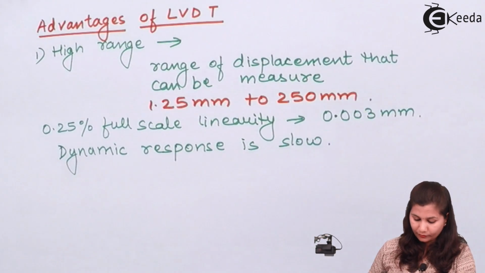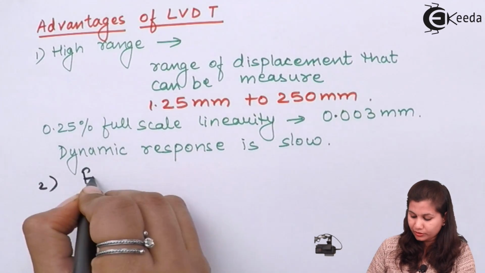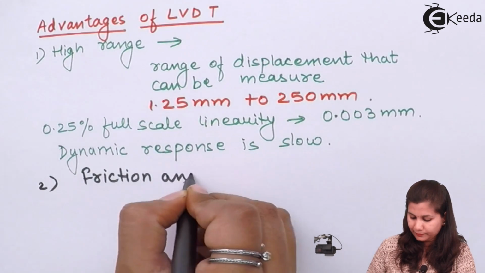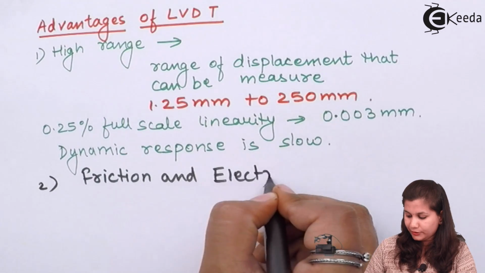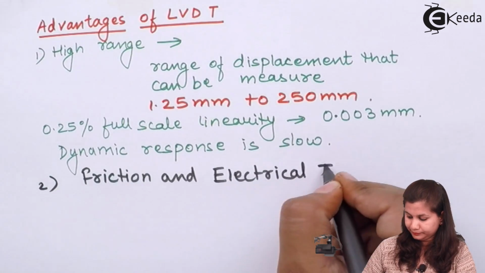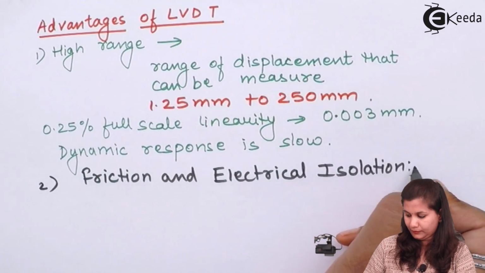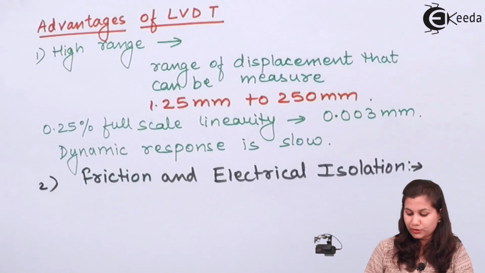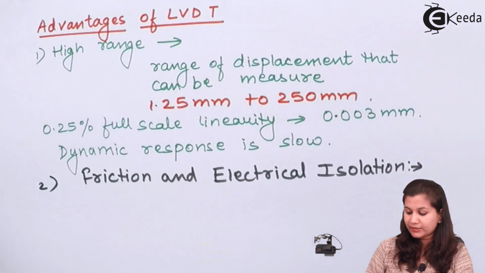Okay. Now the second advantage of LVDT is the friction and electrical isolation. Now as the LVDT is a type of transformer, it has both the primary and the secondary windings, and also a soft iron core is present.